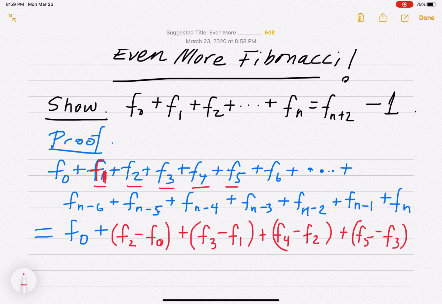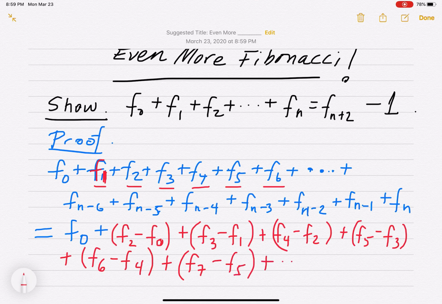Then f5: the future, f6, minus the past, f4. f6 is going to be what? The future, f7, minus the past, f5. Okay, now a plus and a dot, dot, dot, and so on and so forth.